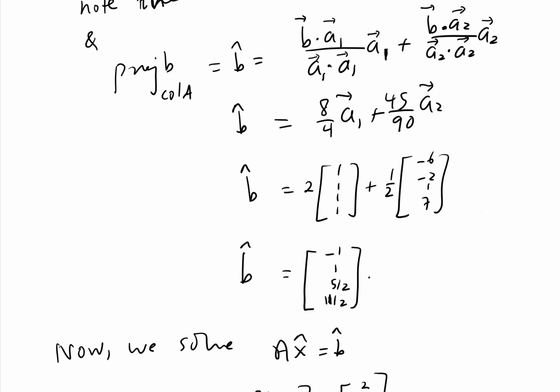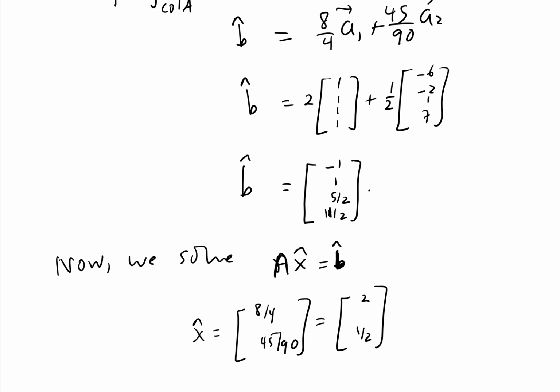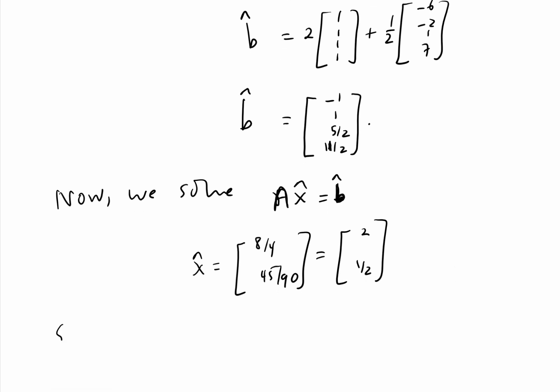So now we solve for x hat using the equation A x hat equals B hat, because we have A and we have B hat. So we just have to find x hat. The answer should be 2, 1/2. To calculate this, if you multiply both sides by A inverse, x hat would be A inverse times B hat.